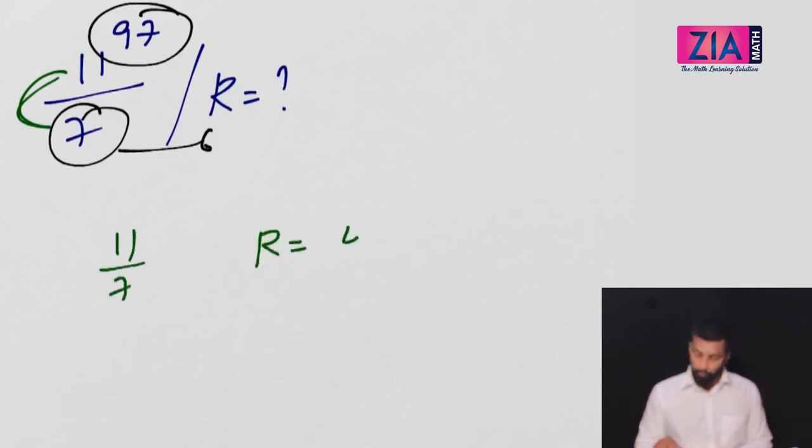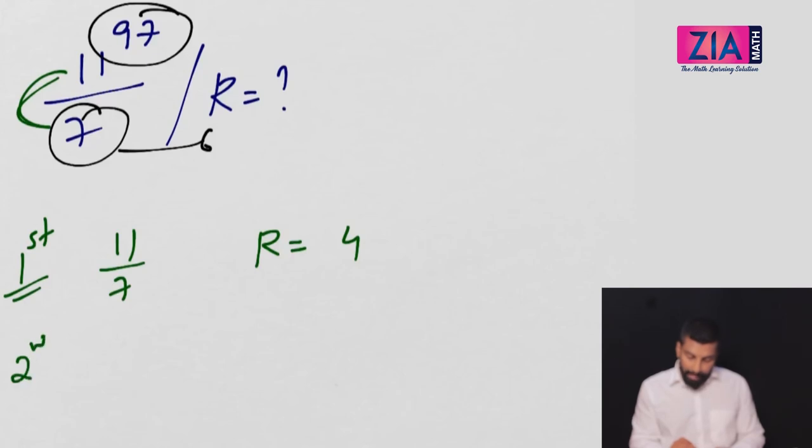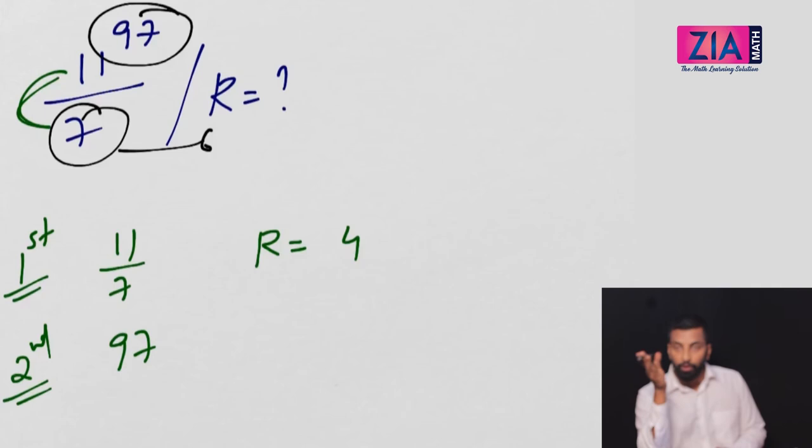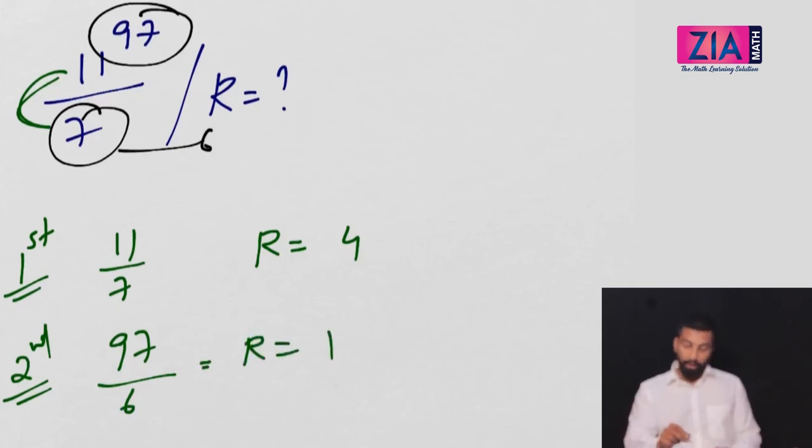That is 4. That is the first step. Second step: take the power of the numerator, 97, and divide it by the Euler's number of the denominator. We have discussed the logic and concept. So 97 by 6, see what the remainder is. You get remainder 1.